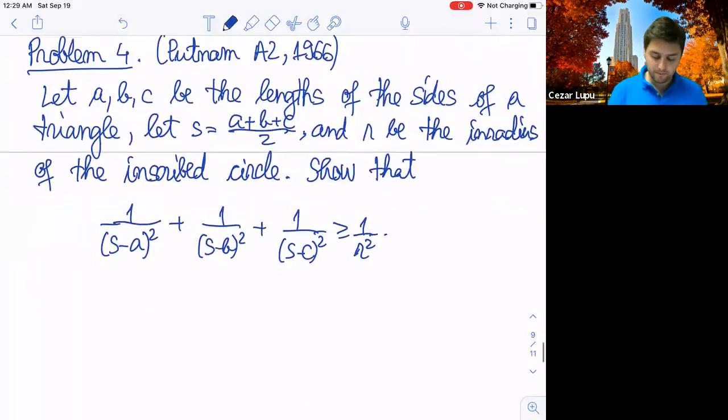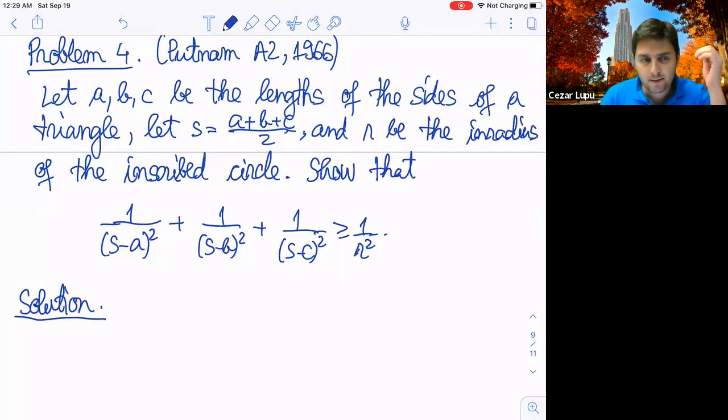Let's look at the statement. You can do this in many ways. We had something similar in the first lecture, and I didn't quite finish the problem, I just told you how to solve it. But let's look at this one.